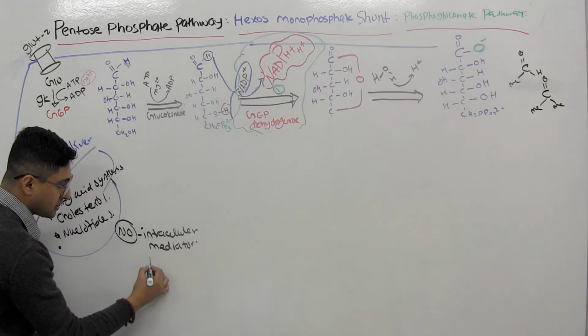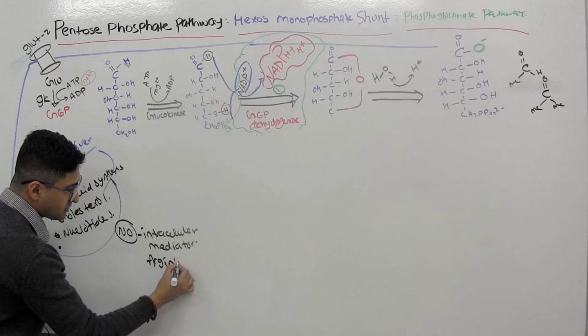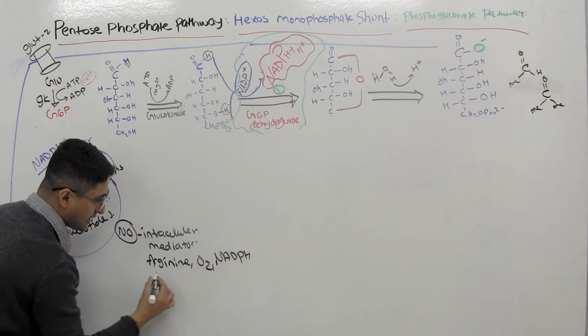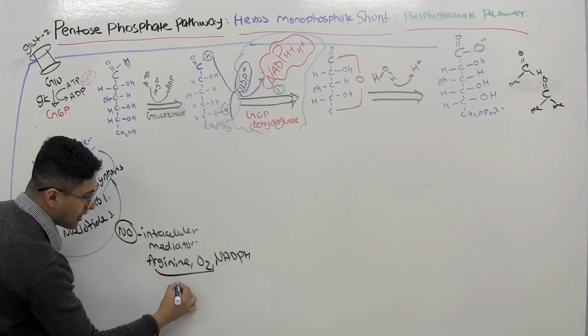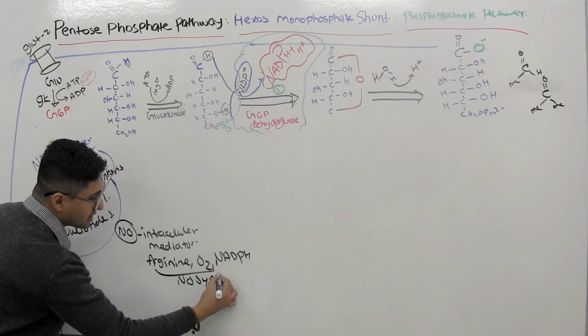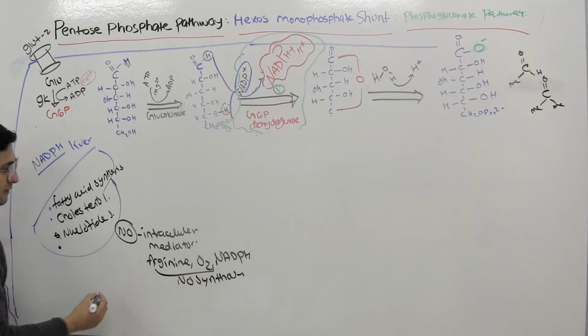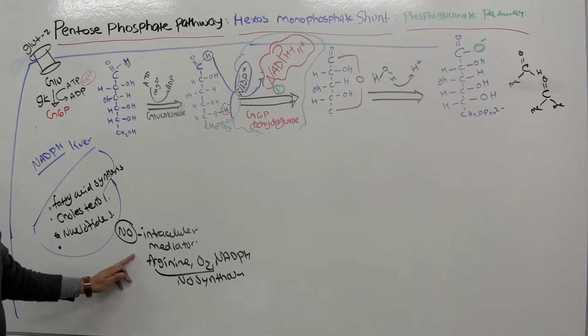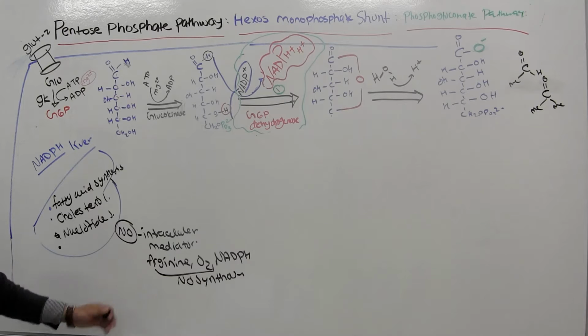Let me write that down for you. It uses arginine, with oxygen and NADPH, and obviously an enzyme is required, which is nitric oxide synthase. Nitric oxide is synthesized in the presence of all of this, and nitric oxide is one of the powerful vasodilators of your blood vessels. And that's what we do.